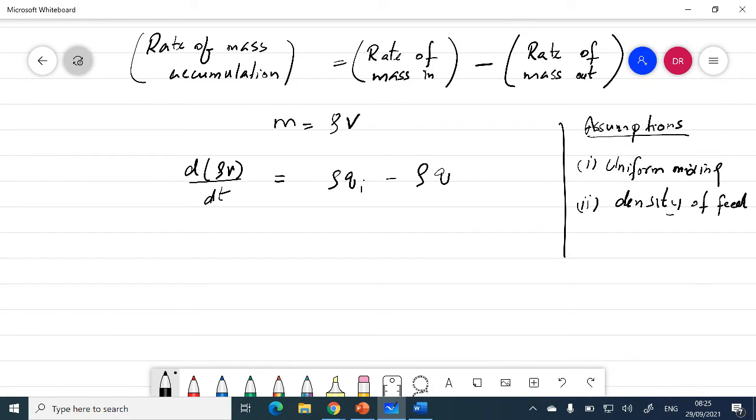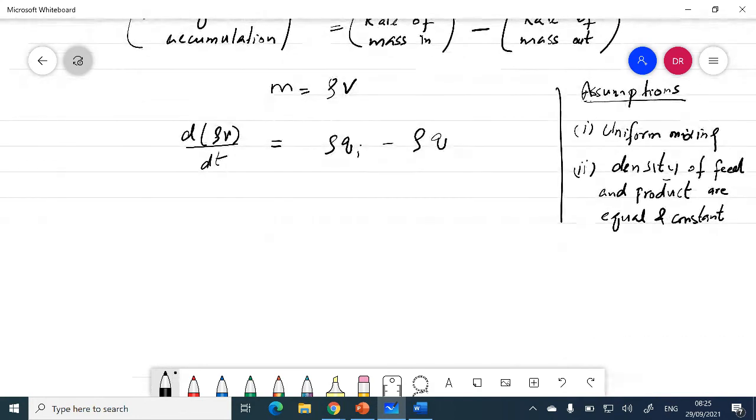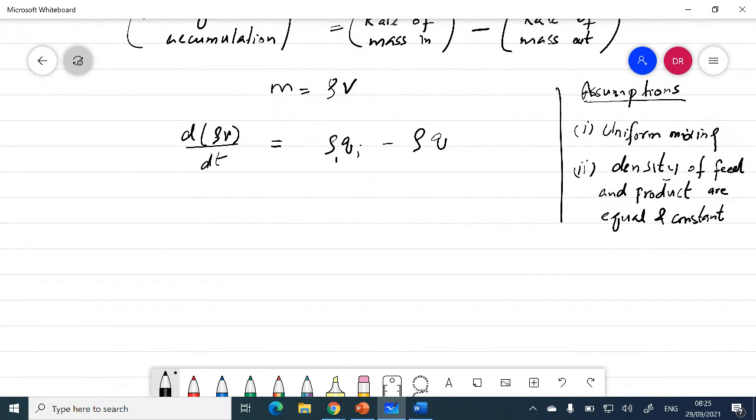Feed means the reactant, and product. Density of feed and product are equal and constant. So let's say this is the density of feed, and this is the density of reactant, and this is the density of product.